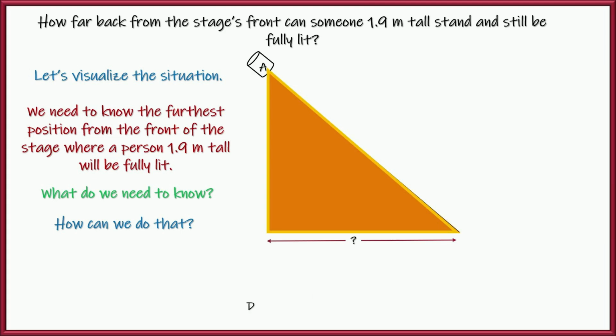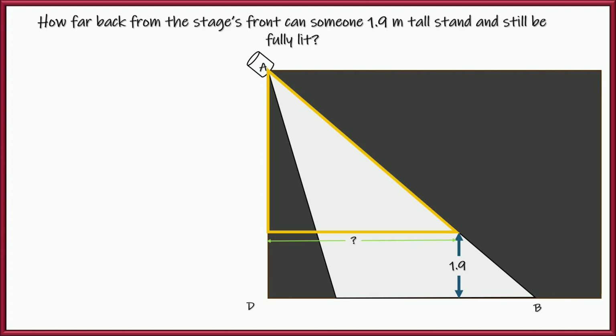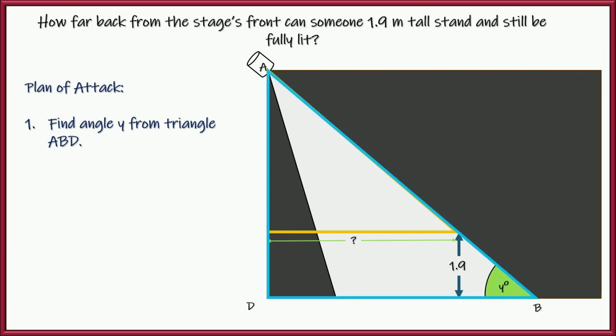I'll highlight the perimeter in this yellowish orange color and put it back on our picture. That's what we're looking for. We know that the vertical distance is 1.9 meters above D to B, which is the stage floor. Now, how can we do that? Let's devise a plan. I'm going to figure out this angle, ABD, in the big triangle ADB.